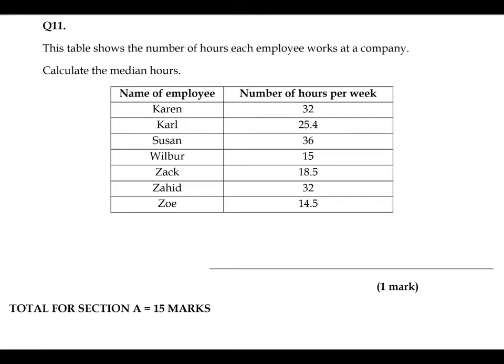Question 11. Here's a table that shows the number of hours each employee works at a company. Calculate the median hours. So you need to remember the median is the middle after we've sorted it. So we're going to take this data and we're going to put it in order. So our lowest number is 14.5.